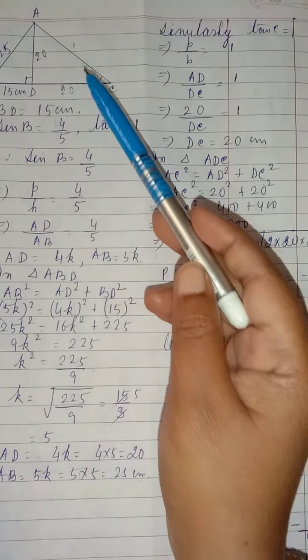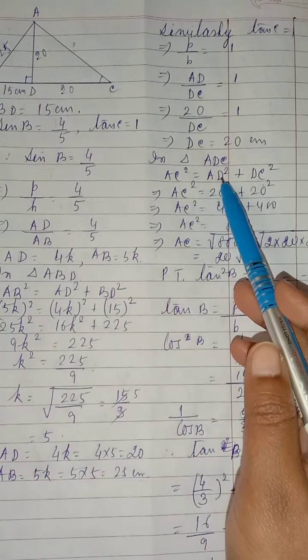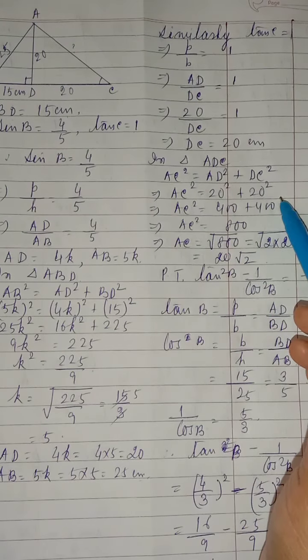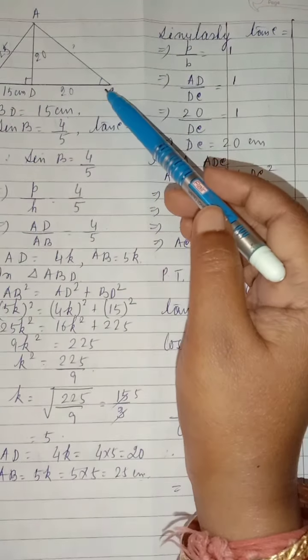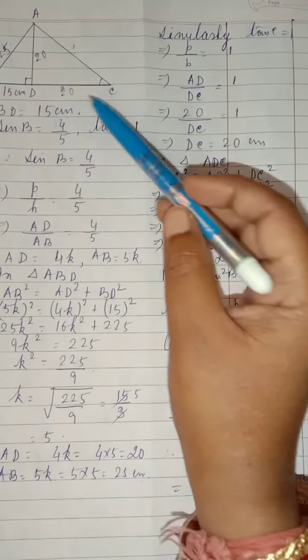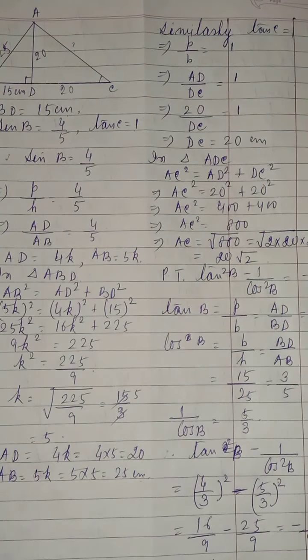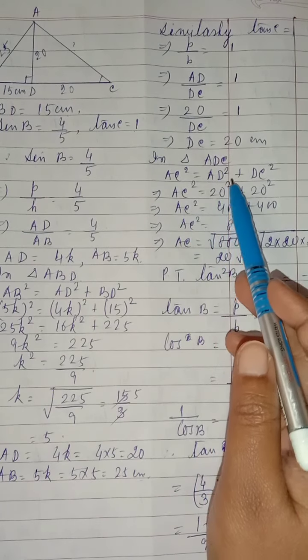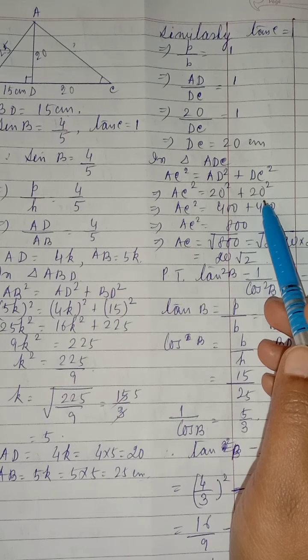Now still we need to find the side AC. So in triangle ADC, again we can apply the Pythagoras theorem, and it will be AC square is equal to AD square plus DC square, because AC is the longest side here. So AC square is equal to the sum of the squares of the other two sides. This implies AC square equals AD square, which is 20 square, plus DC square, which is also 20 square.